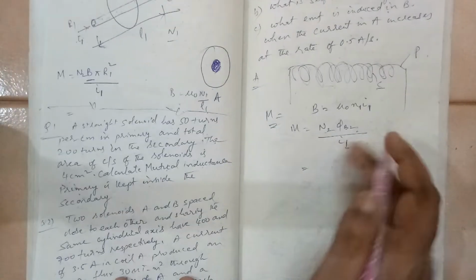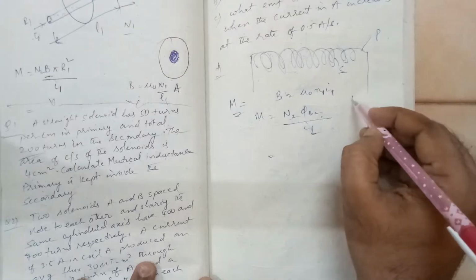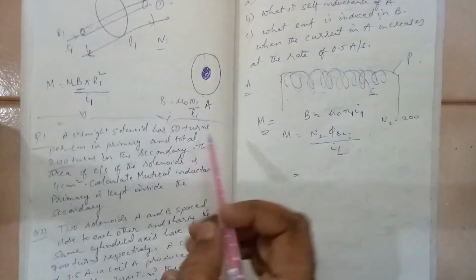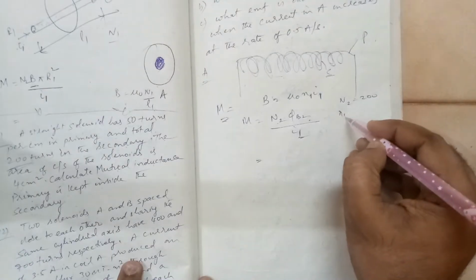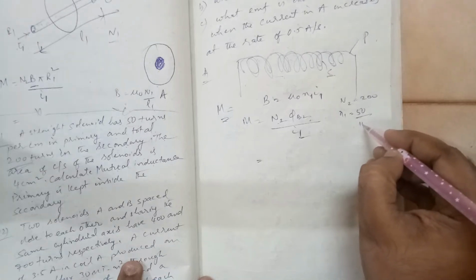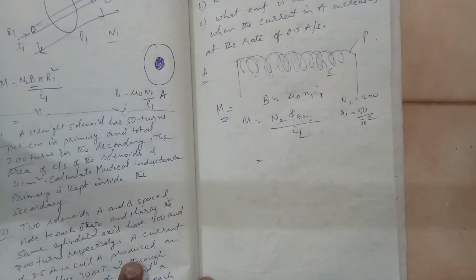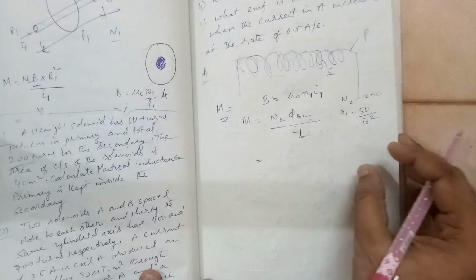N2, number of turns for the secondary, is given as 200 turns. So N2 value is 200. For the primary, he has given you 50 turns per centimeter. So n1 is 50 turns per centimeter, which means divided by 10 power minus 2, so you will have per meter. We have to convert into per meter. And what else?